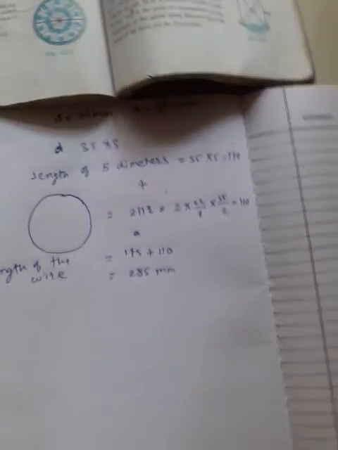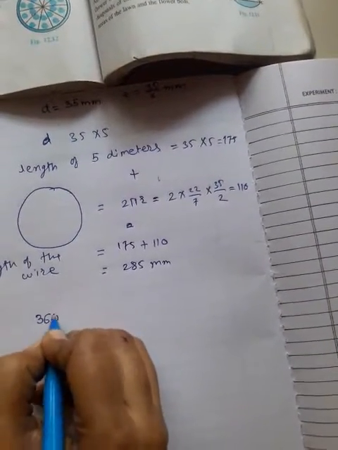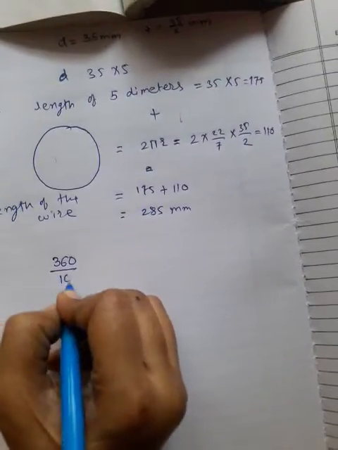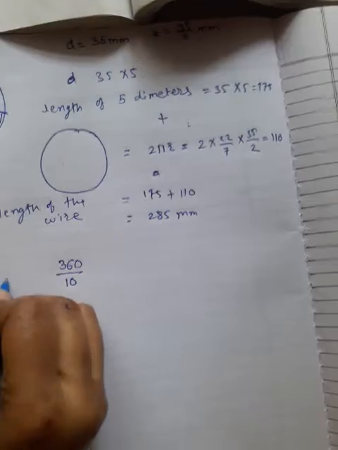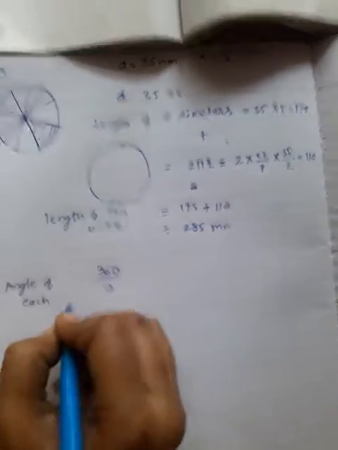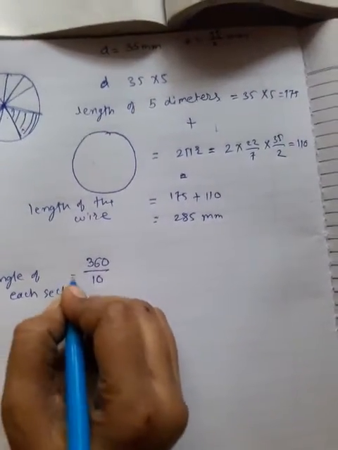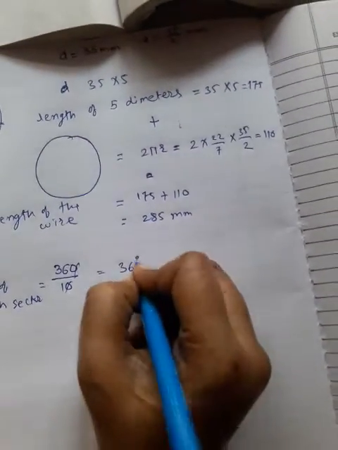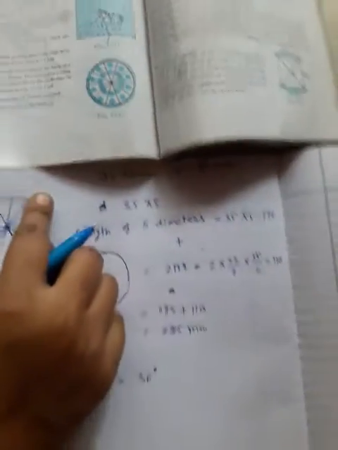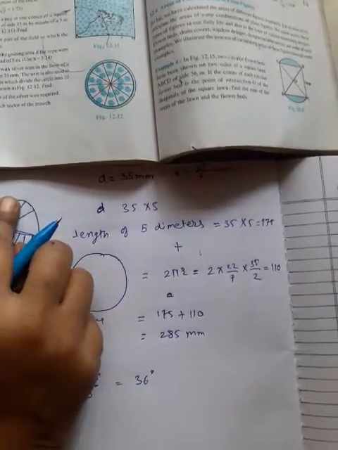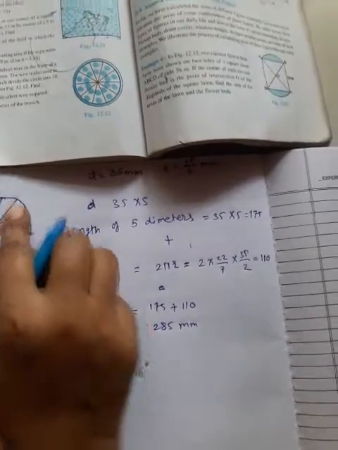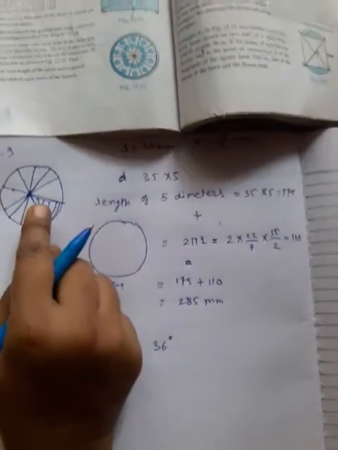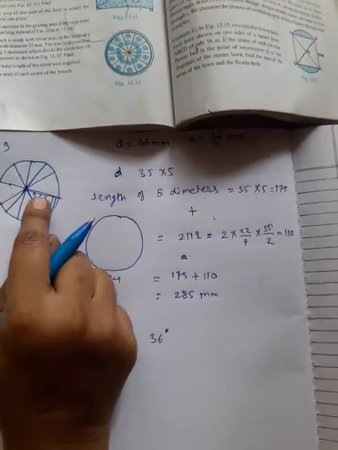So we divide the total angle of the circle, 360, by 10, because the 5 diameters form 10 parts, and we get the angle of each sector. Here the angle is 36 degrees.